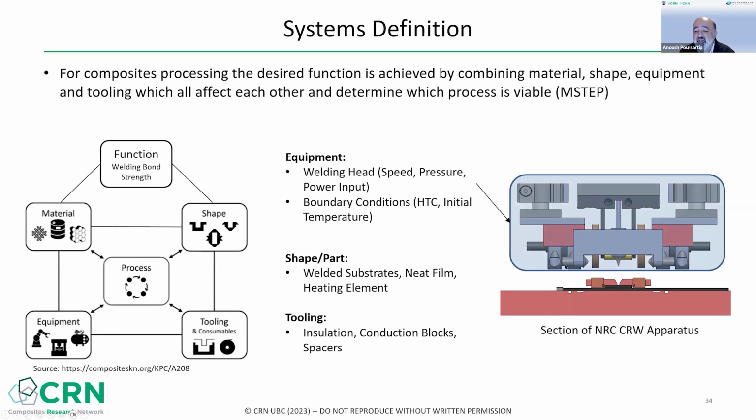This is all the gory details of how you apply pressure and actually provide current to the mesh. Then you have the welded substrate, the neat film, the heating element, that's the shape, the part. And then you've got the tooling, which is the substructure, including the insulation, conduction blocks, and spacers.